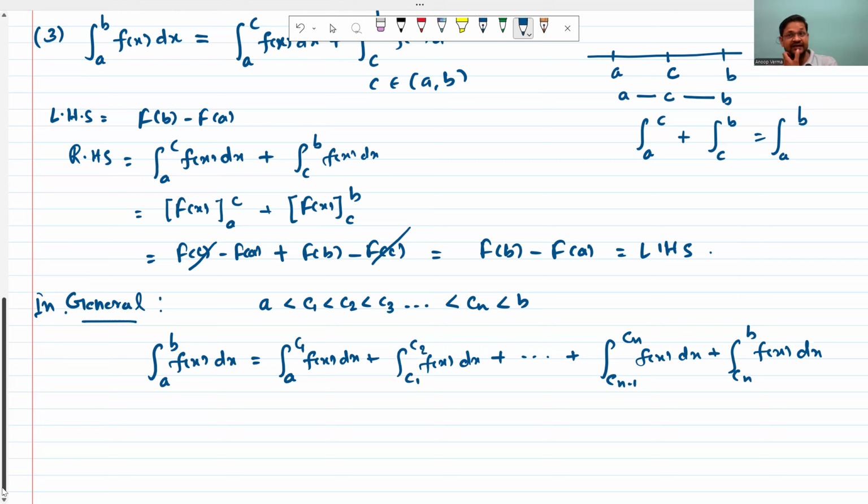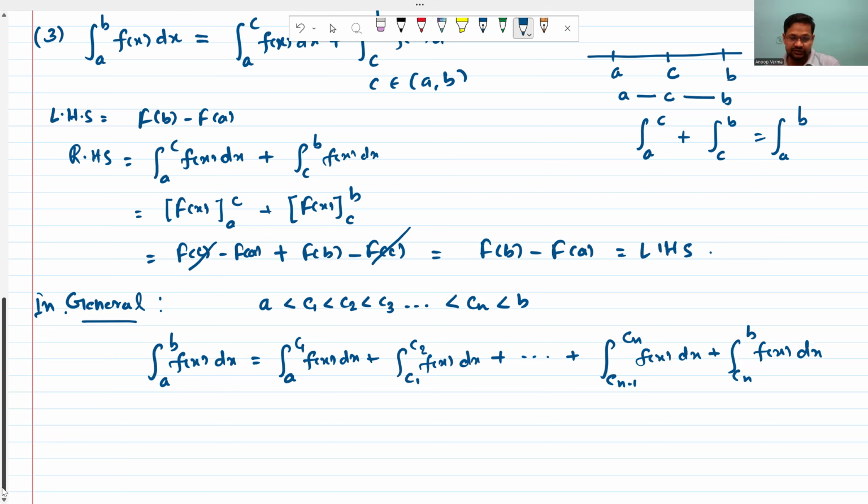This is very helpful, because sometimes it is difficult to integrate a function throughout the interval, but if you break that interval, you can calculate and then sum up all the integrals, and you will get the integration of the whole interval.